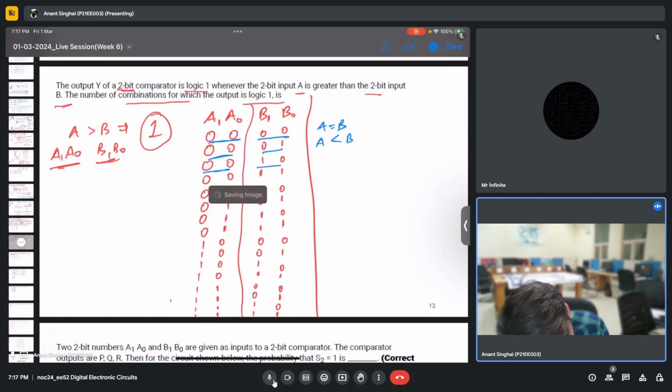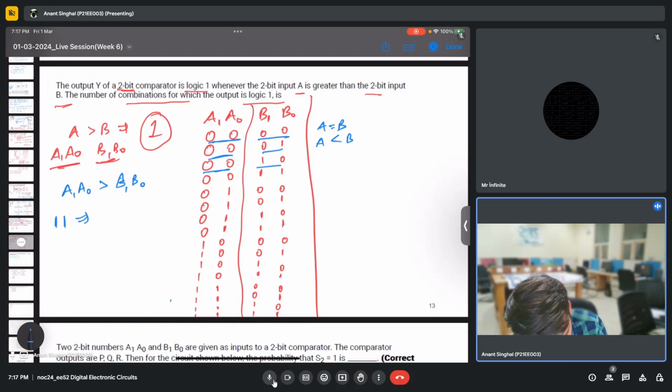Now the question asks when the 2 bits of A are greater than the 2 bits of B. So it is possible when A is 1 1 and B is 0 0, 0 1, or 1 0. So A1 A0 is 1 1 here in 3 cases.